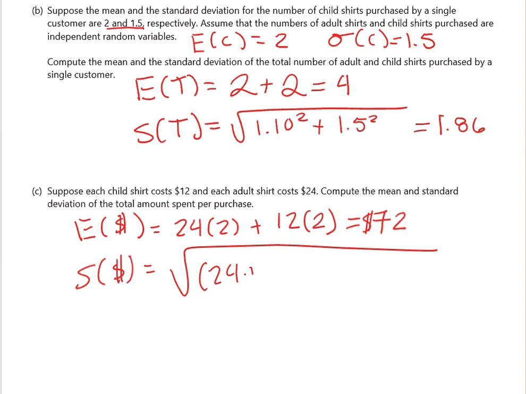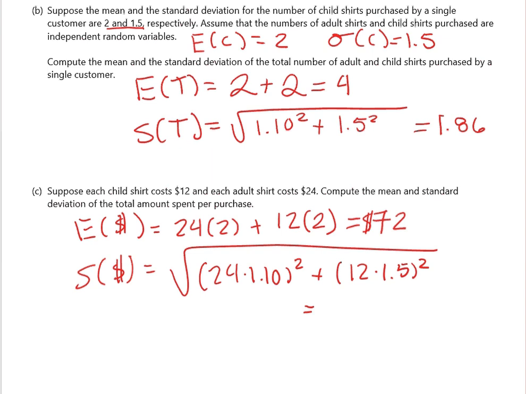Because remember, multiplying something changes the center and the spread of the data. So here, that value for the standard deviation would be $31.95. Okay, so that completes that example.